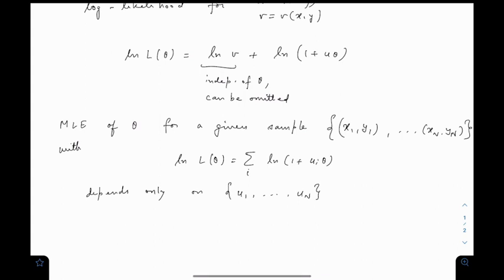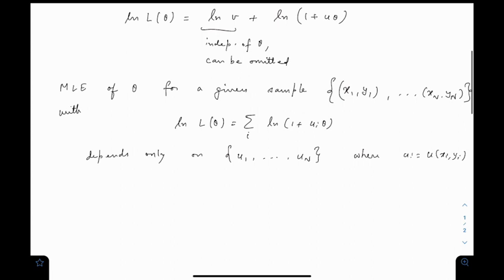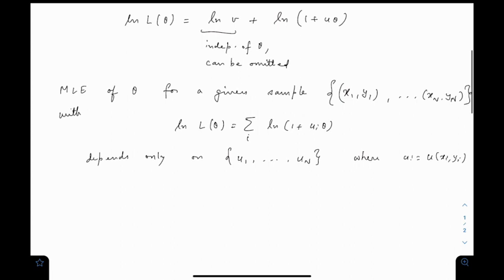But of course, ui is nothing but u defined at xi, yi. And the analysis can be based on individual quantities or a histogram. So the simple form of this relation suggests that the analytic form of the PDF of u is not needed for the parameter inference. Only the experimental observations enter into the likelihood function.